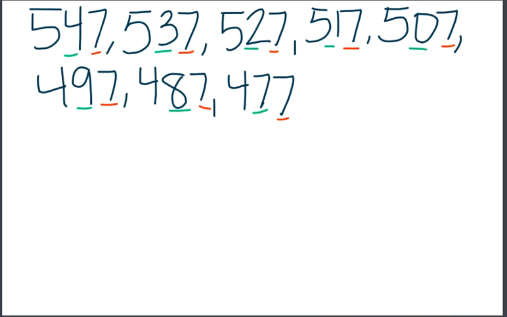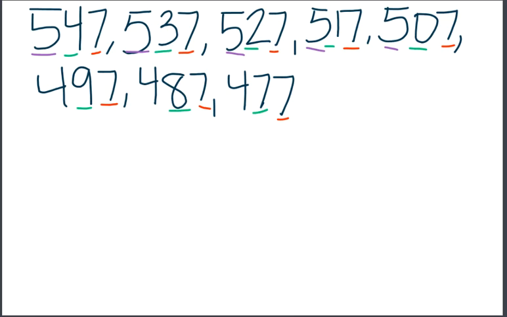And the hundreds digit stays the same. 5, 5, 5, 5, 5. The hundreds digit stays the same until the tens digit is 0. When I count back by one more 10, the hundreds digit goes down by 1, and the tens digit goes to 9.